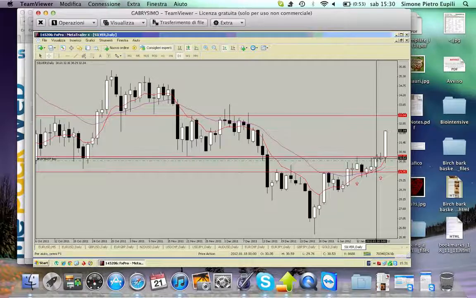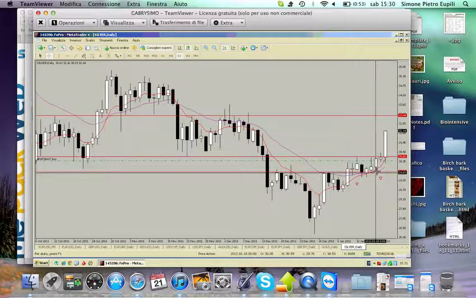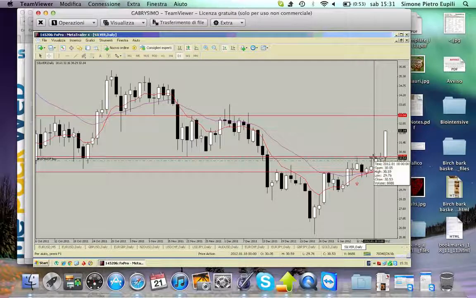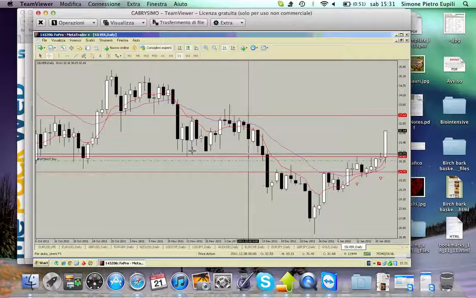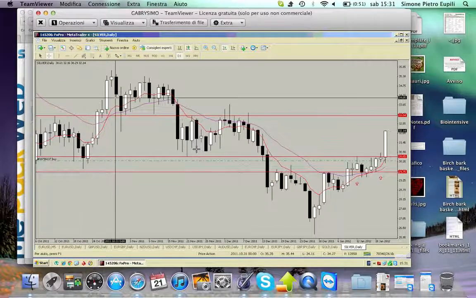This is the best trade to take, because it touched the moving average and bounced. So this is a signal on an important level, this one. You see how the price bounced from here and here.